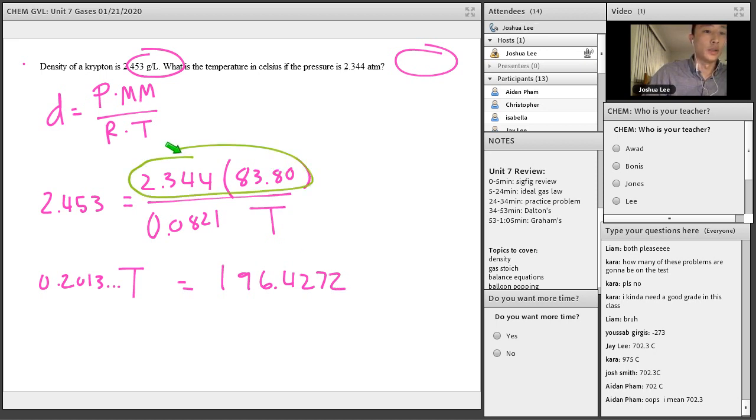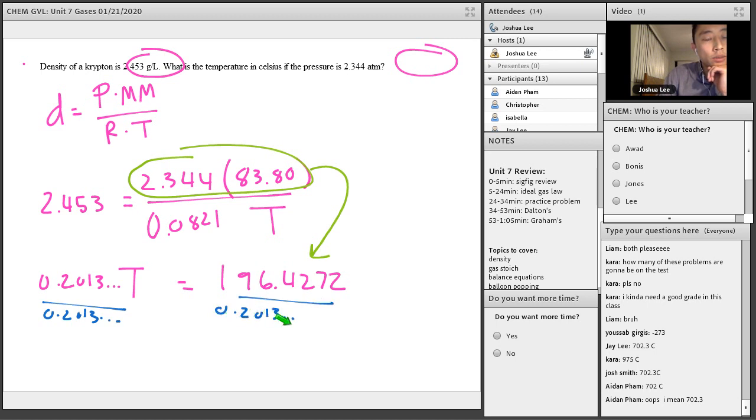So this number I multiplied together to get this. Then divide by 0.2013 dot dot dot. The temperature would be 975.35 dot dot dot. But that's in Kelvin, so we have to subtract 273.